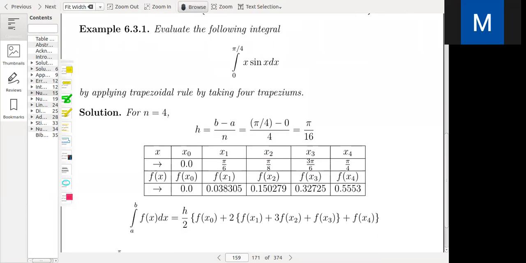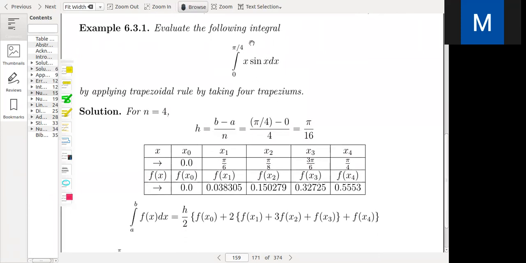Okay, if we apply this trapezoidal rule to solve this problem, for n equal to 4, we need to calculate the step size, which is b minus a over n, pi by 4 minus 0 over 4, equal to pi over 16. And we can tabulate the data.